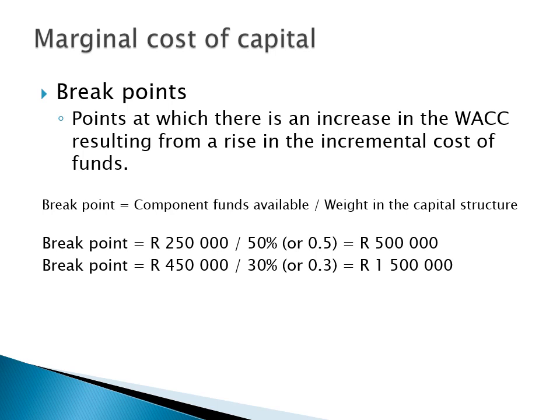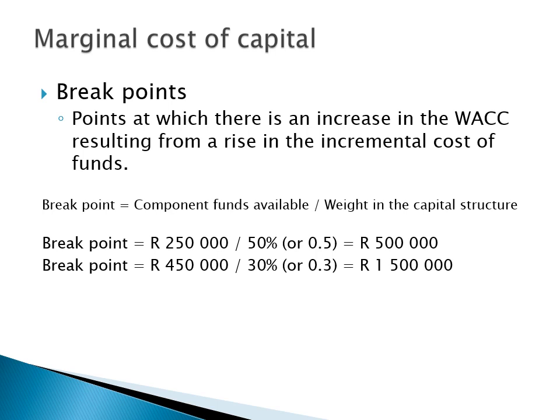So how do we calculate a breakpoint? In our example here, we're saying we've got 250,000 available in retained earnings, and equity is 50% of our funding. So we take the 250 divided by the 50%, or 0.5, depending on what your preference is, and that says because retained earnings is 50%, our breakpoint in our total funding is at a level of 500,000.